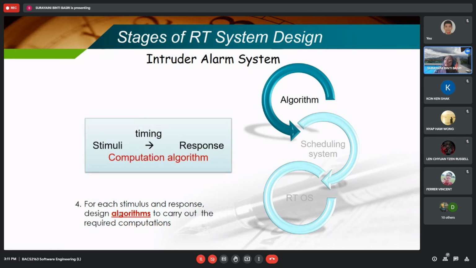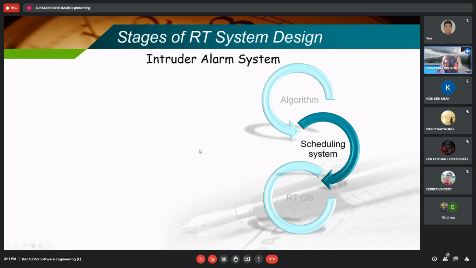For the stimuli to get a response, we already have the timing from the previous stages, and then we will need the computational algorithm in order to carry out this response.